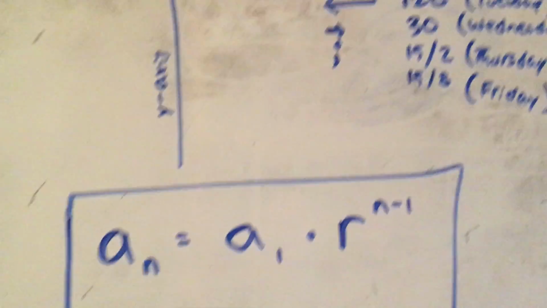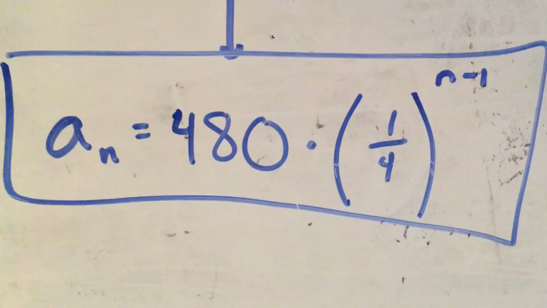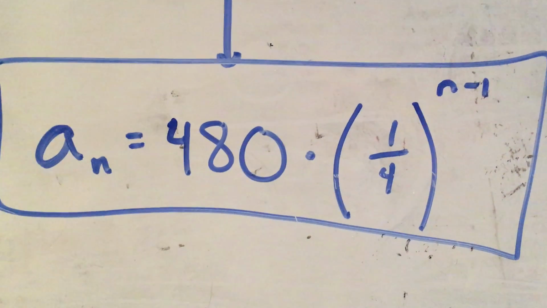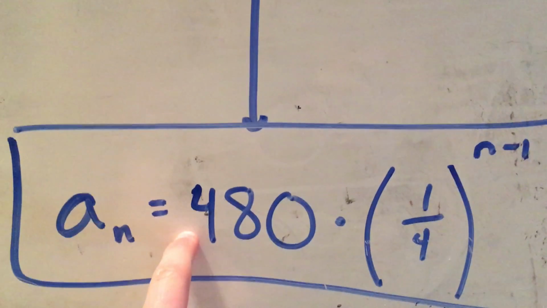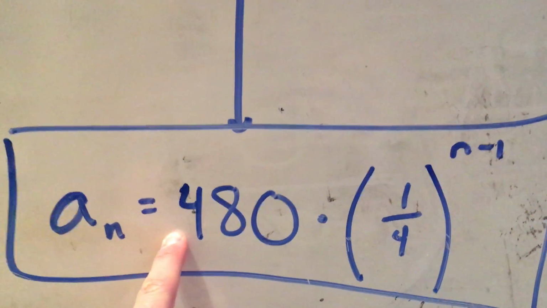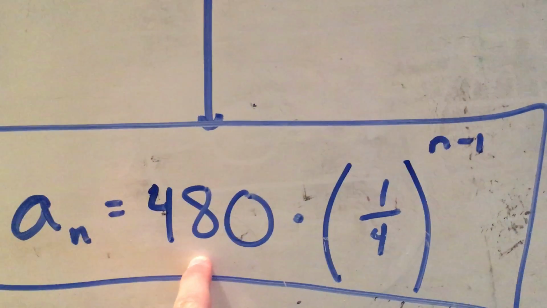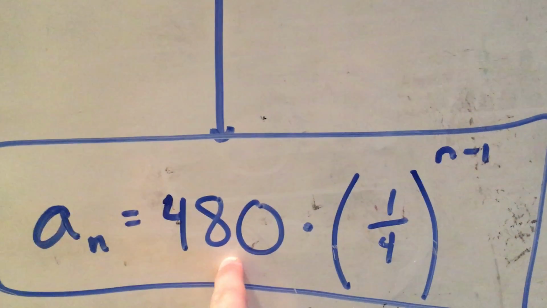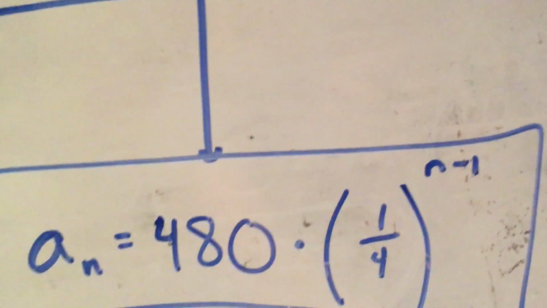So, plugging in our numbers, we start at 480 and our factor is 1/4. So, a_n = 480 · (1/4)^(n−1). Basically, what this says is that we take our starting value of 480, and for every day or term, which is n, for every day that we go on, we multiply by another 1/4 to keep decreasing this 480 to 120, then 30, then 15/2, then 15/8, and so on.